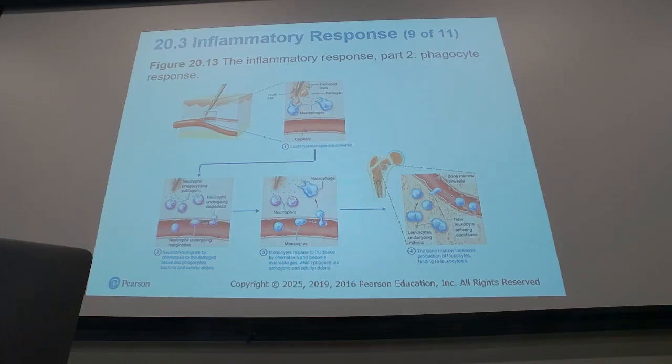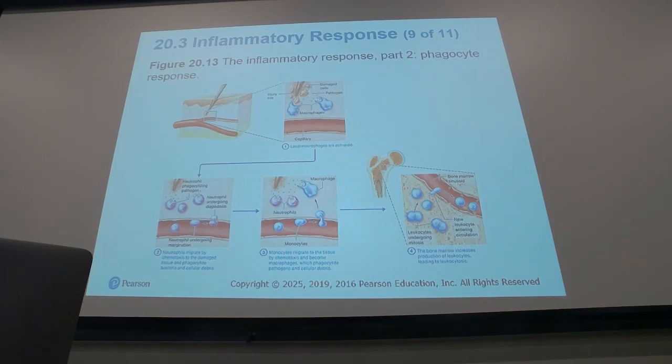And then your bone marrow will increase the production of leukocytes. So one of the signs of having a bacterial infection is neutrophilia, having increased numbers of neutrophils. And then if the infection becomes chronic, or the inflammation becomes chronic, two types of cells will increase, lymphocytes and monocytes. So you have lymphocytosis and monocytosis.